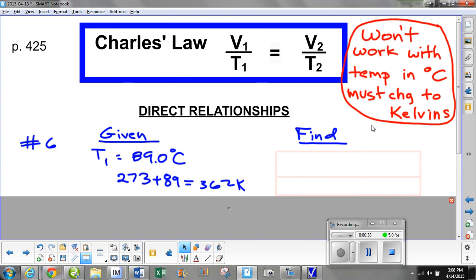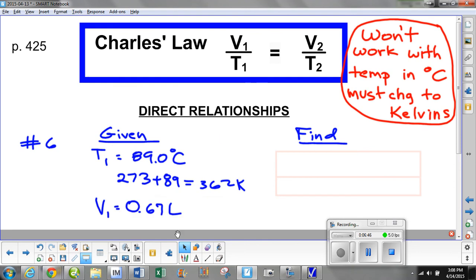Now, I just read the 89 degrees centigrade occupies 0.67. There's my first volume. That's V1. This goes with this. You must get the other unit of measure with the same one. Whatever T1 is, the volume has to be the volume that T1 represents.